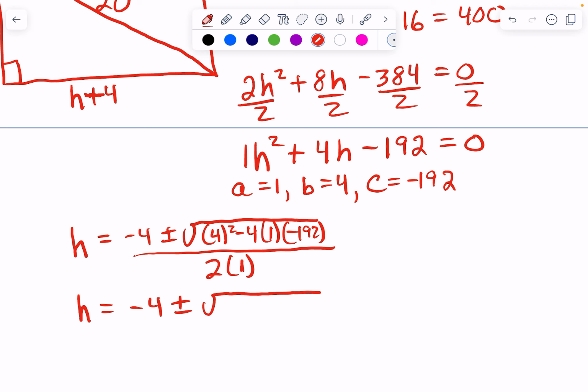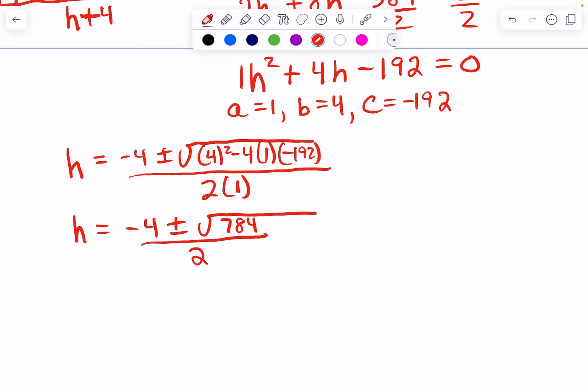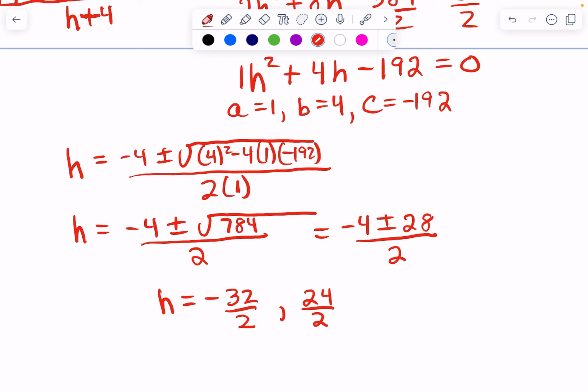Make sure that you're using parentheses properly, and that will give me 784, over 2. The square root of 784 equals 28. So my h is going to equal negative 4 plus or minus 28 over 2. So h equals negative 4 minus 28, which is negative 32 over 2, and negative 4 plus 28, which is positive 24 over 2.